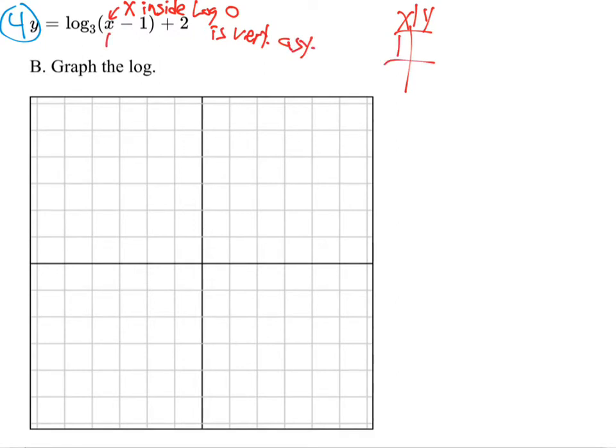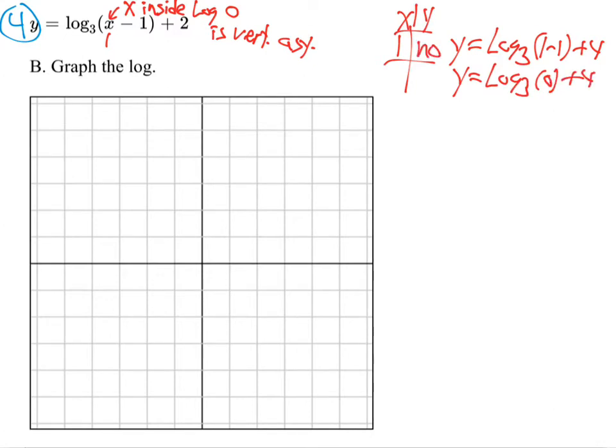So plug in 1, you'll get y equals log base 3 of 1 minus 1 plus 2. That's log base 3 of 0. If you try log of 0 in your calculator, it'll say no, and that's because that's where the vertical asymptote is. So you don't really need to plug it in. I was just doing that to demonstrate. But at x equals 1, we'll just put the vertical asymptote, and then we'll go up from there.